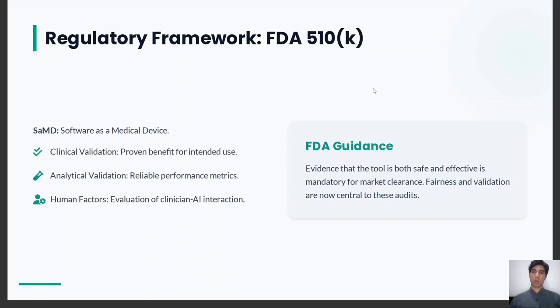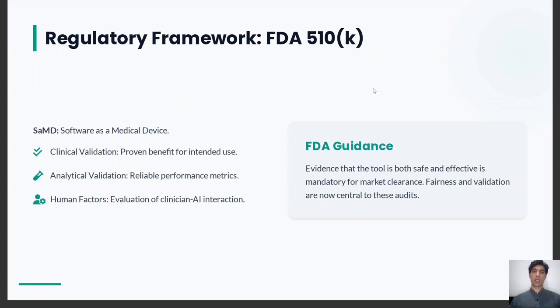So our model must be proven beneficial for its intended use. It must have reliable performance metrics, and then the human factors. The FDA guidance is that evidence that the tool is both safe and effective is mandatory for market clearance. Fairness and validation are now central to these audits.